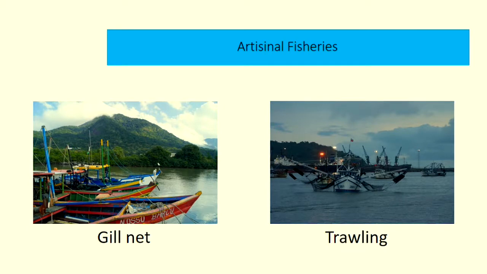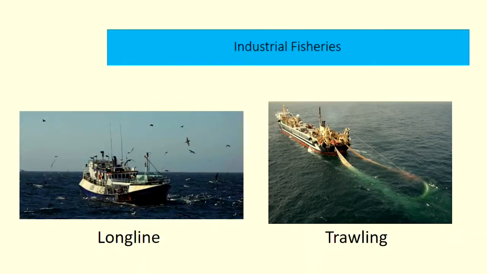It gets more complex when you go to artisanal fisheries; the main ones in the coastal areas are gill net and trawling, especially for shrimps. There are also industrial fisheries, which are quite conflictual with artisanal fisheries, mainly longline and trawling.